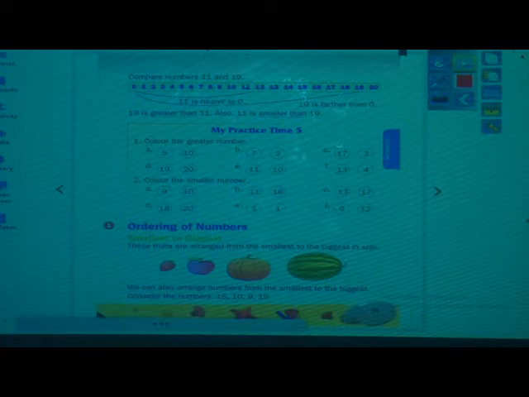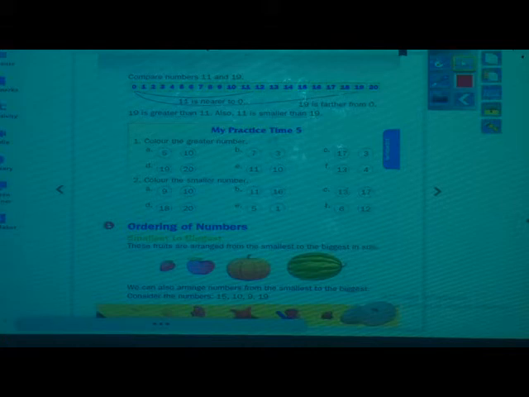See, from 0, 11 is near and 19 is far. So the number which is near is smaller and the number which is far is greater. So automatically 19 is greater than 11 and 11 is smaller than 19. Or else, on the number strip, 11 comes first, so it is smaller, and 19 comes later, so it is greater. Understood?